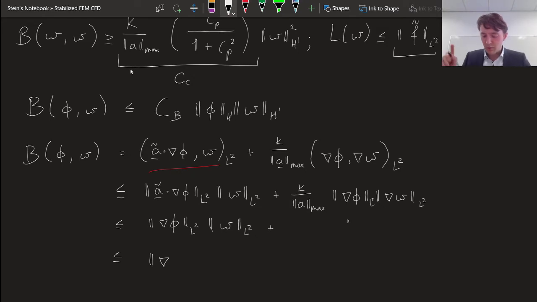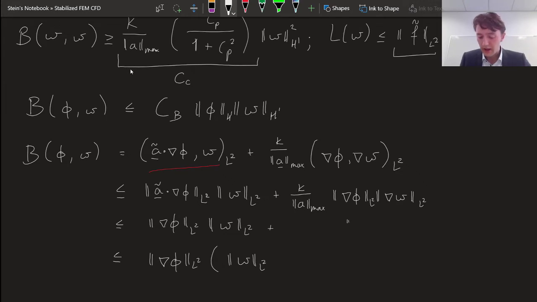Now let me be a little bit careful just to make sure that I'm not making a mistake. So first of all, I'm going to collect this one and this one, and then we get the gradient of phi in L2 multiplied by the norm of W in L2.